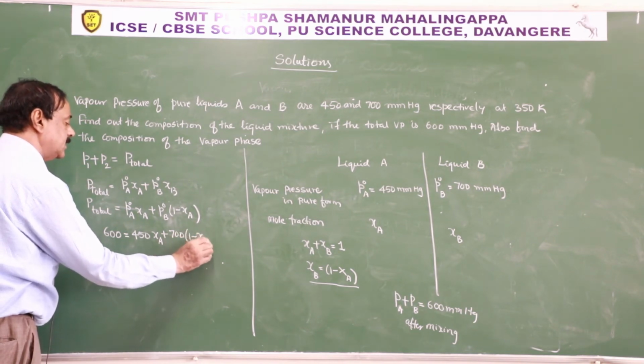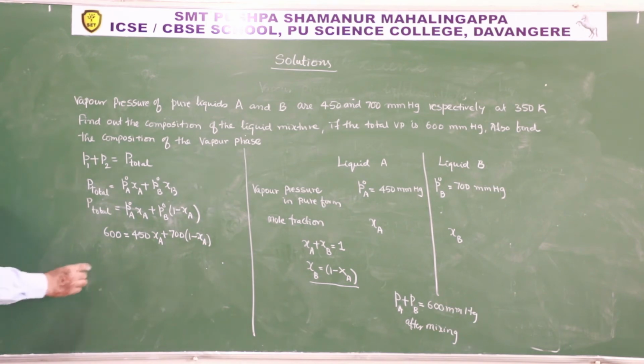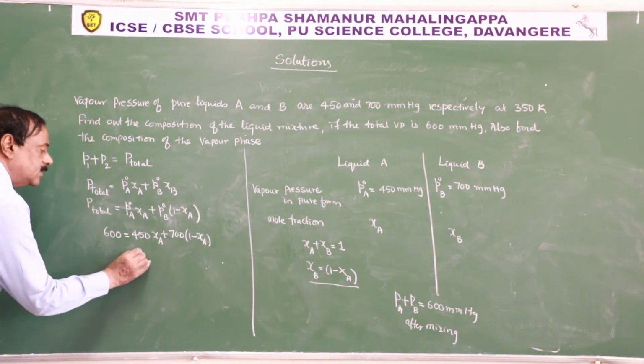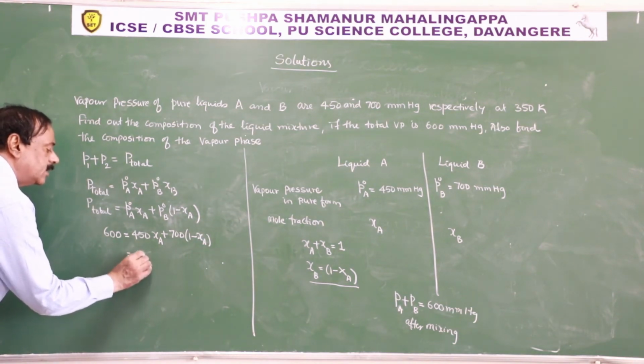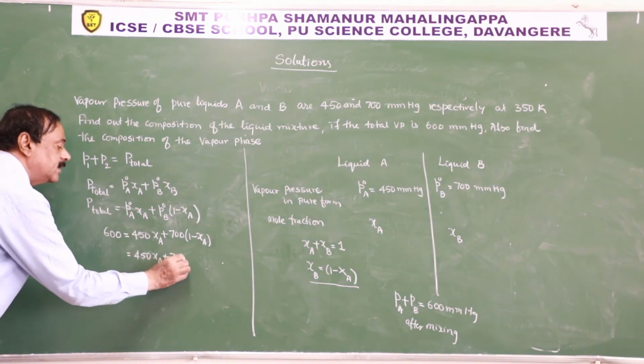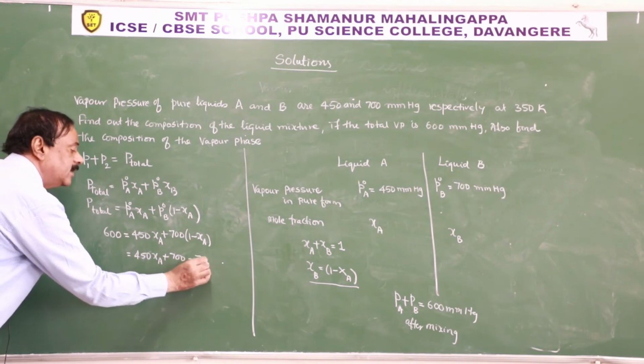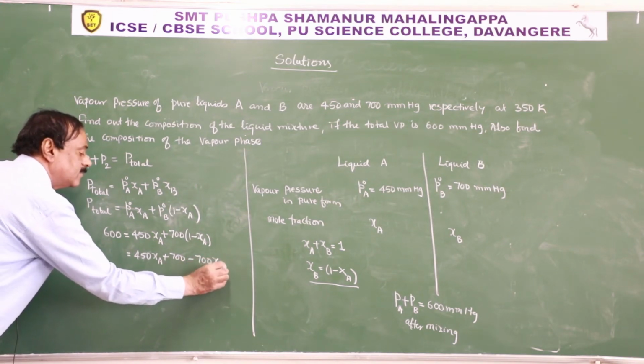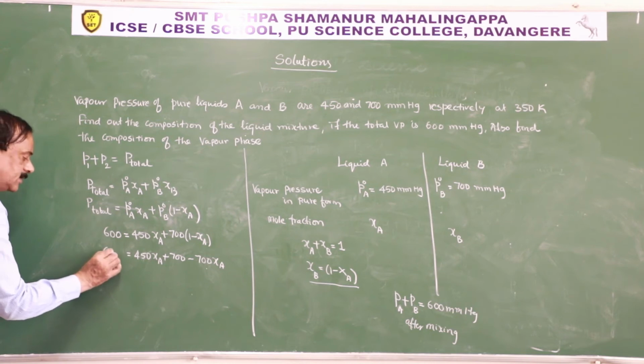You have to evaluate XA first. Therefore, 450 into XA plus 700 minus 700 into XA is equal to 600.